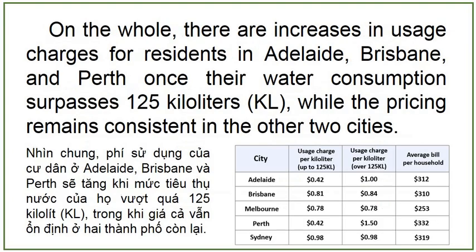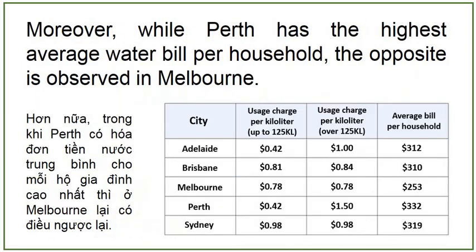On the whole, there are increases in usage charges for residents in Adelaide, Brisbane, and Perth once their water consumption surpasses 125 kilolitres, while pricing remains consistent in the other 2 cities. Moreover, while Perth has the highest average water bill per household, the opposite is observed in Melbourne.